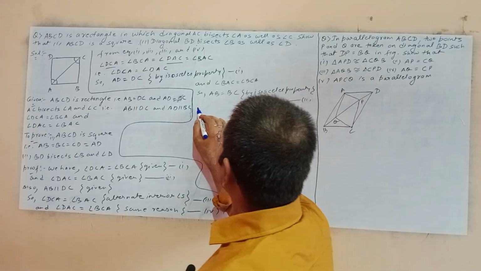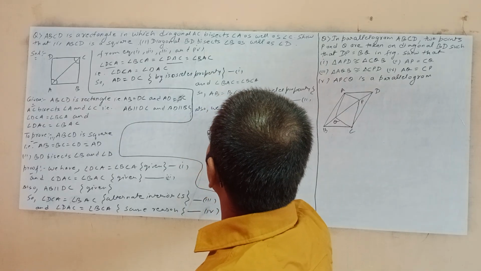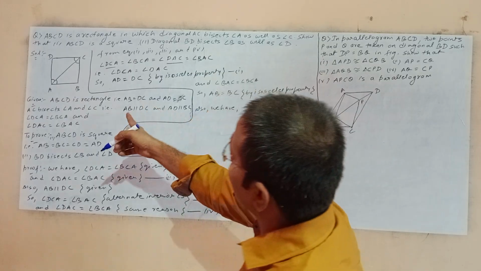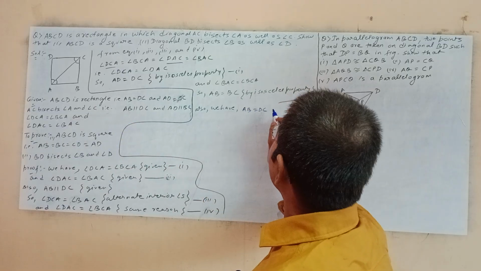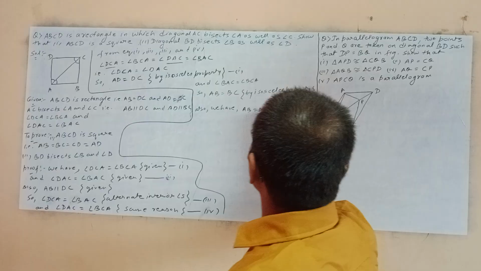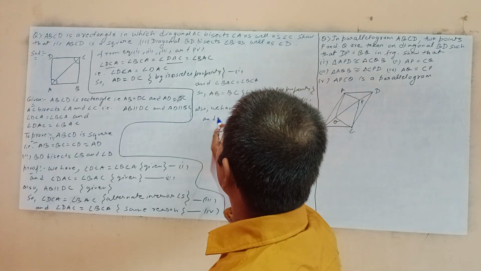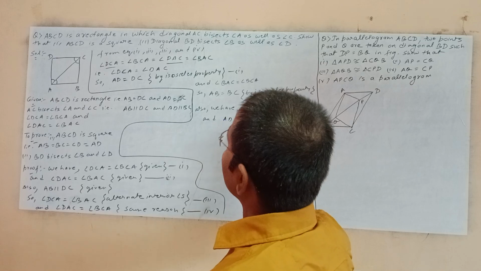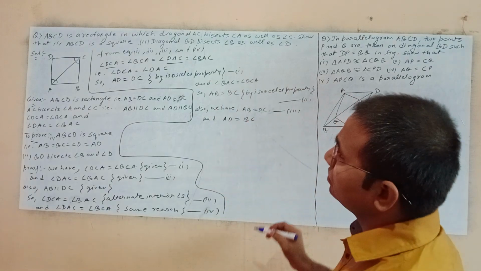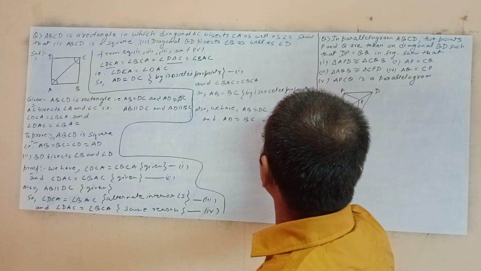Now also we have AB is equal to DC, take it as third, and AD is equal to BC, take it as fourth. Why?